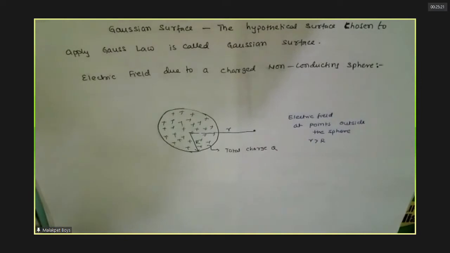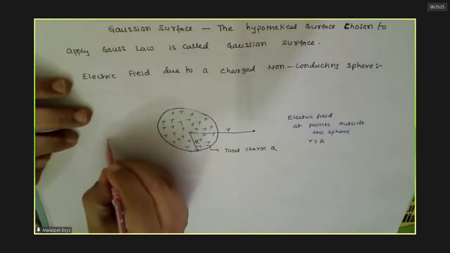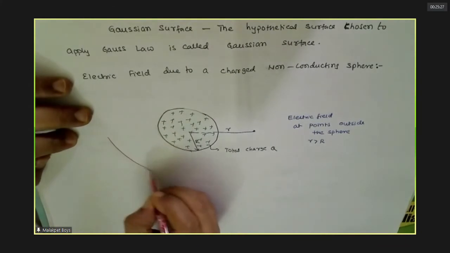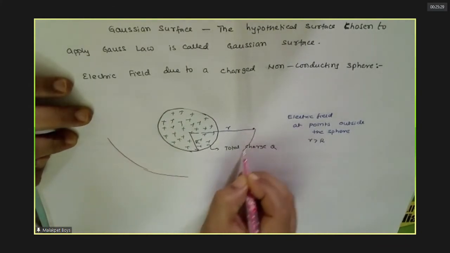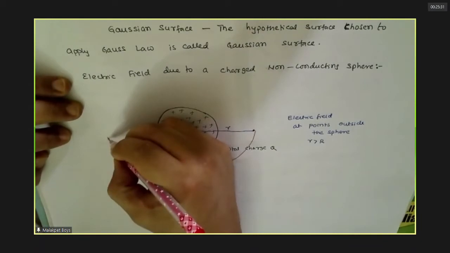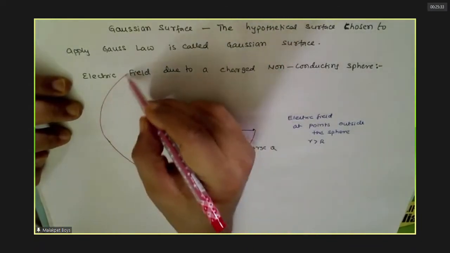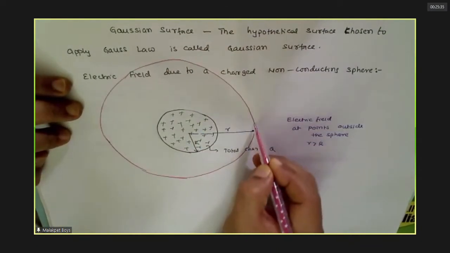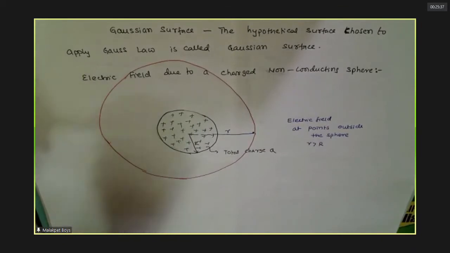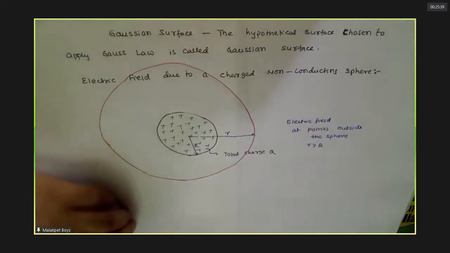What we will do, as you know, we will take a Gaussian surface with a sphere. So I have chosen a Gaussian surface.